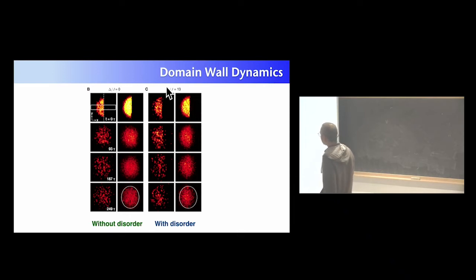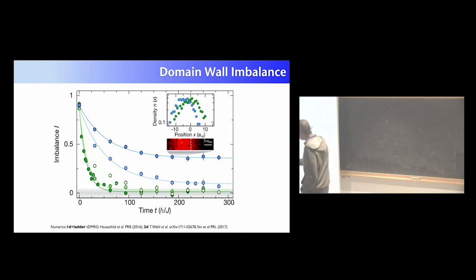But now if we add interactions to the problem, we can do the same thing, and you see that after long evolution times, it does not evolve anymore into the entire system, and in fact it seems it even stops evolving at these very long times. We can quantify this by again introducing the imbalance, which now I would just call the particles to the right of the domain wall minus the particles to the left of the domain wall, divided by the sum of the two.